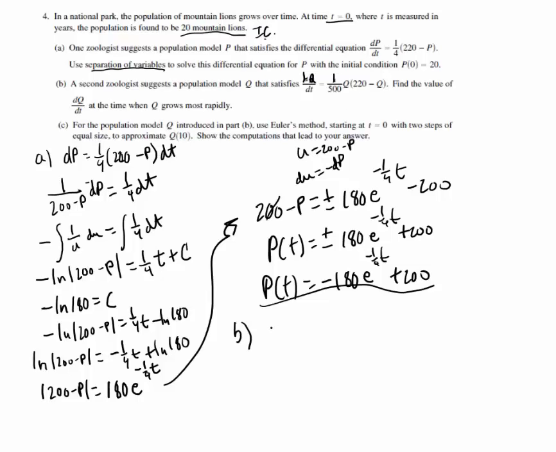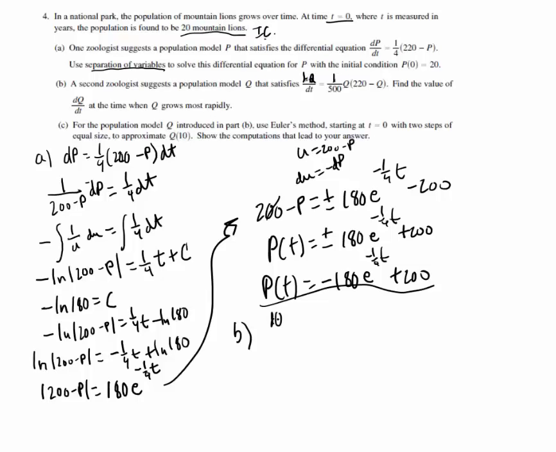So B is going to be find the time, so that's going to be at a Q of 220, and I'm finding the value of dq dt, so dq dt is going to be the 110, sorry, not 220.